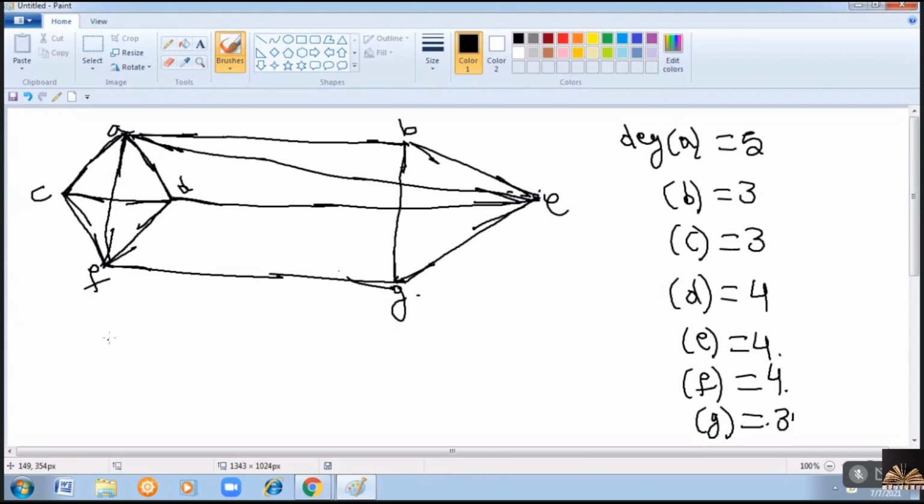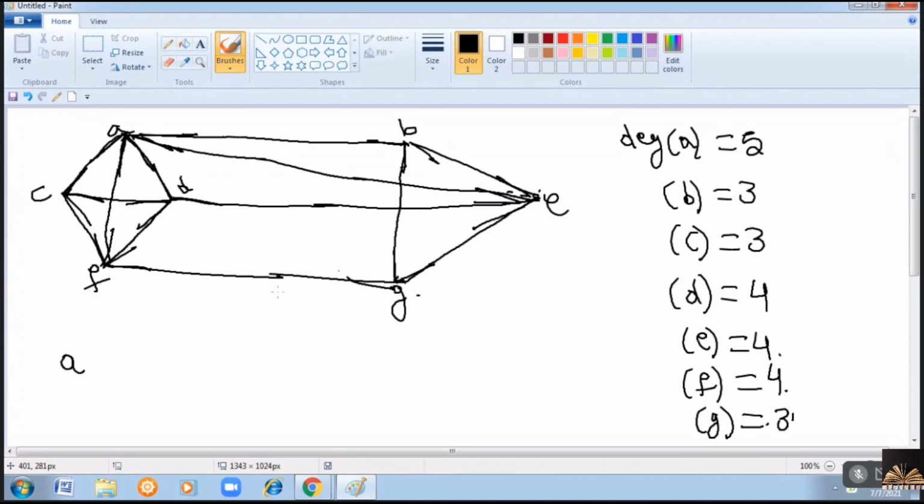Next, what you need to do is arrange the vertices in the decreasing order of their degrees. Which vertex has the maximum degree? The vertex A with the maximum value of 5. Next value is 4.